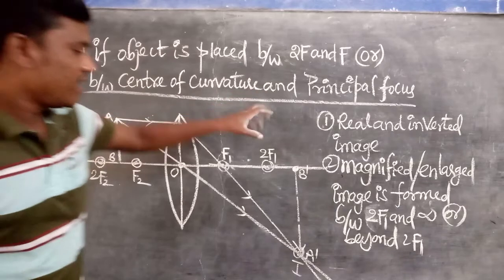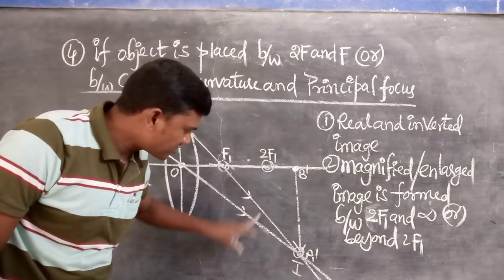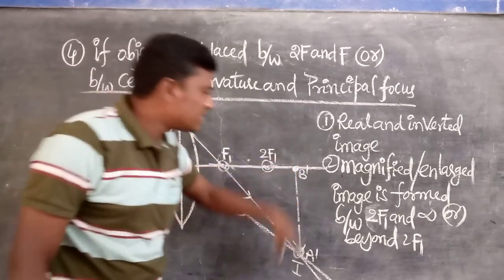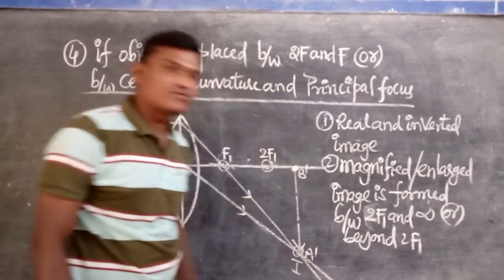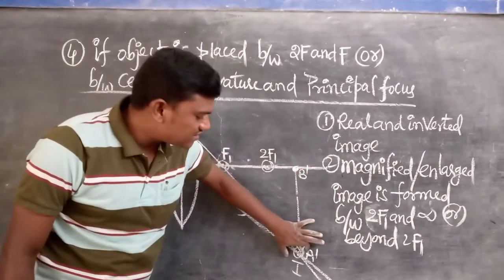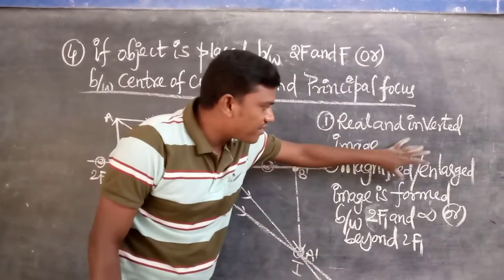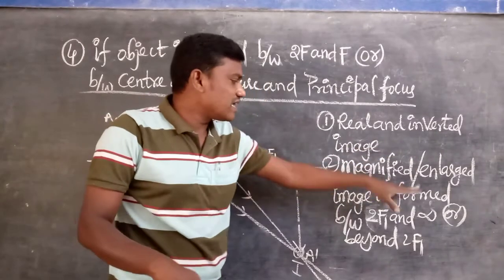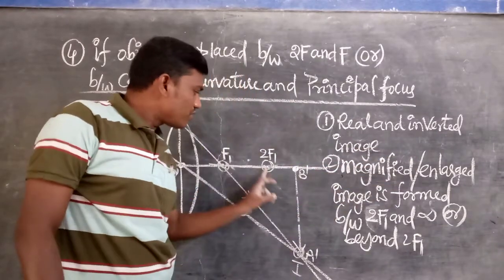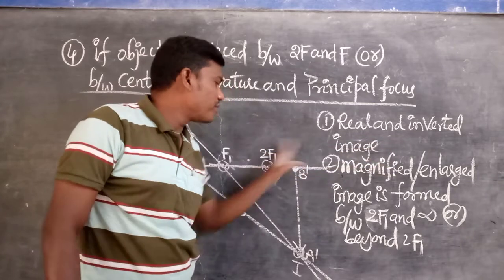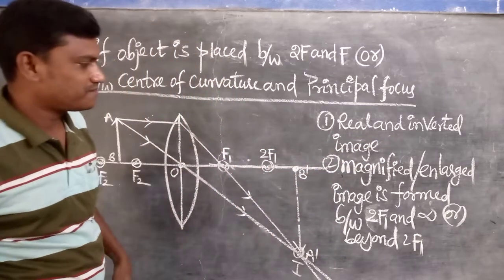It is real, because after refraction the two rays really meet, so a real and inverted image will be formed. And this is which type of image? A magnified or enlarged image is formed between 2F1 and infinity, or beyond 2F1, on the right-hand side.